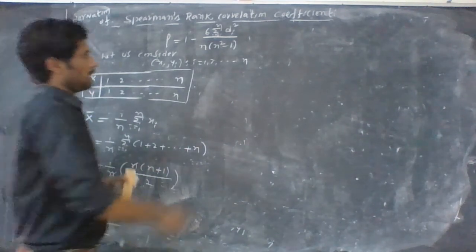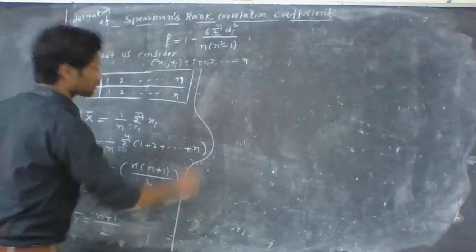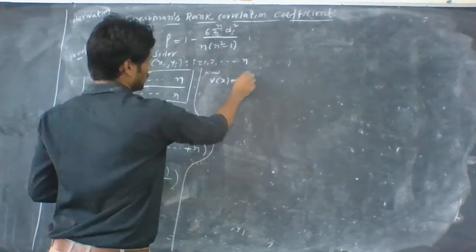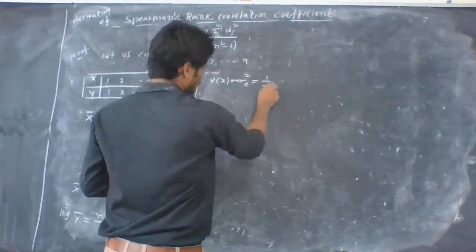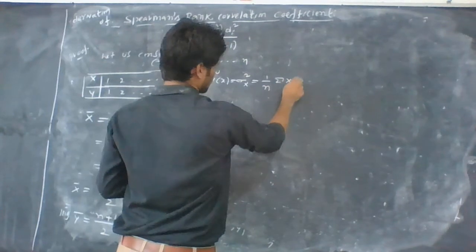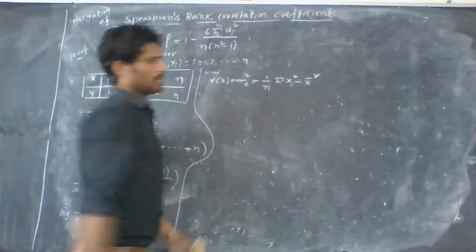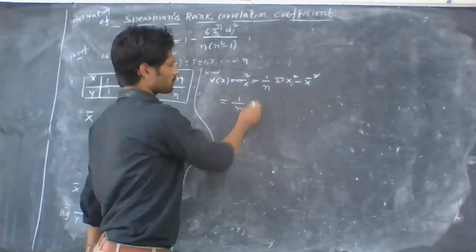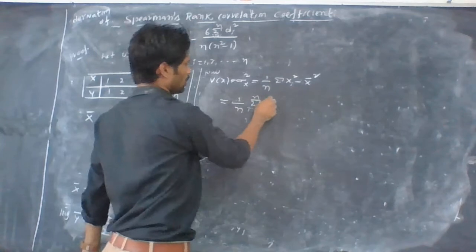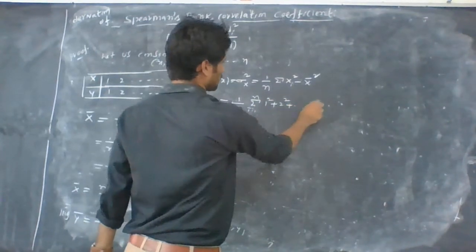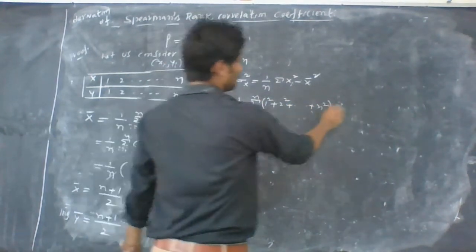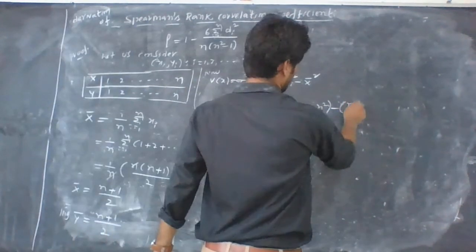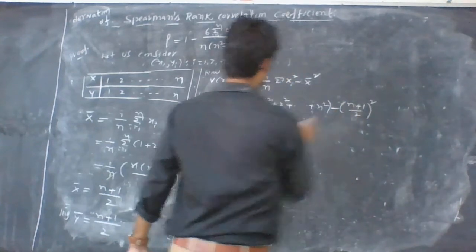Now calculate the variance of x. Variance of x, that means sigma square x, is 1 by n summation xi square minus x bar square. This is the formula of variance. Now 1 by n summation i is equal to 1 to n, 1 square plus 2 square plus and so on to n square, minus x bar, where x bar is n plus 1 by 2 whole square.